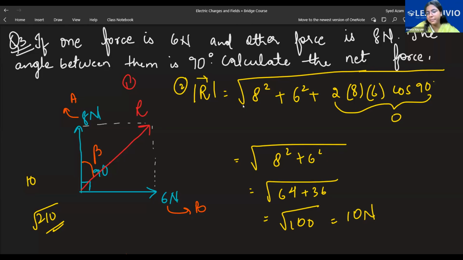In the third step, the problem is that with whichever vector you are taking beta, you are free to choose beta. You take it with this vector or with this vector, you are free to choose that. But once beta has been decided, then you are bound to choose A and B as per beta. Whichever is the adjacent one, that will be your A in this formula.